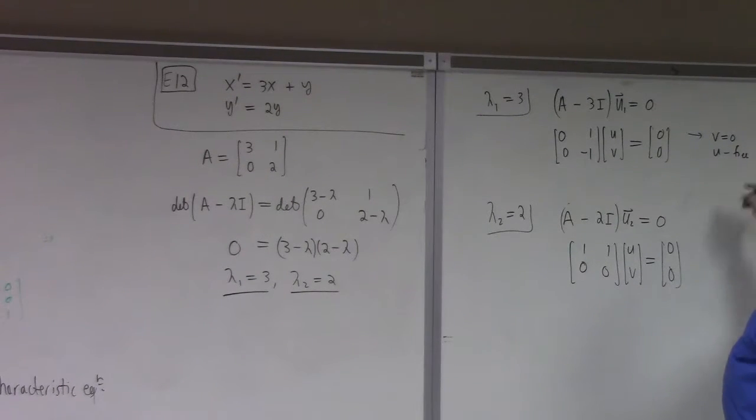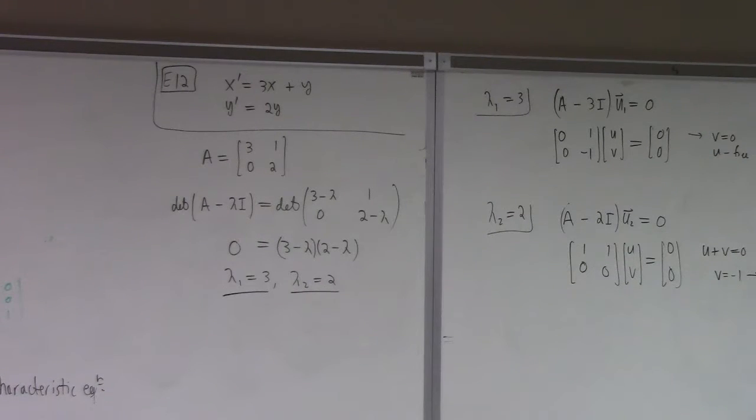This guy tells me that u plus v is equal to 0. So if I just think for a second, I can put u1 equal to 1, 0. And over here, I can set v equals to -1. Then that would tell me u is equal to 1. So u2 would be 1, -1, right?